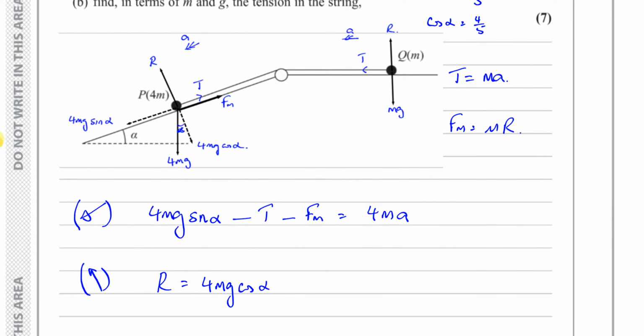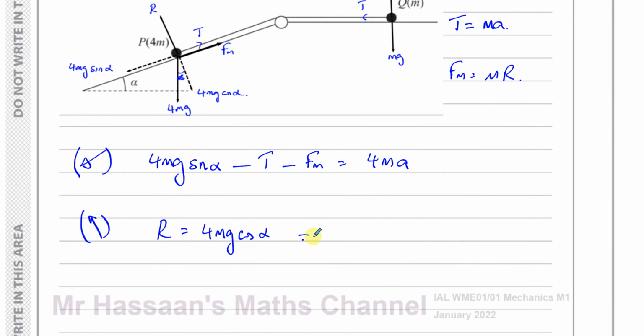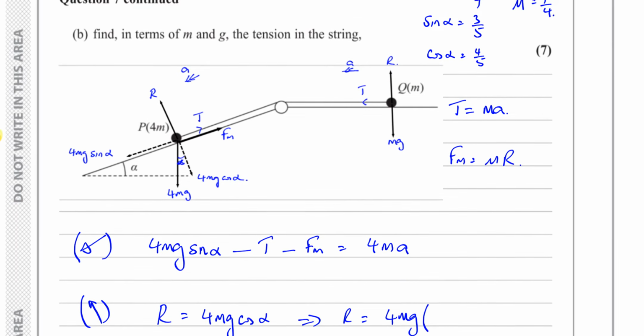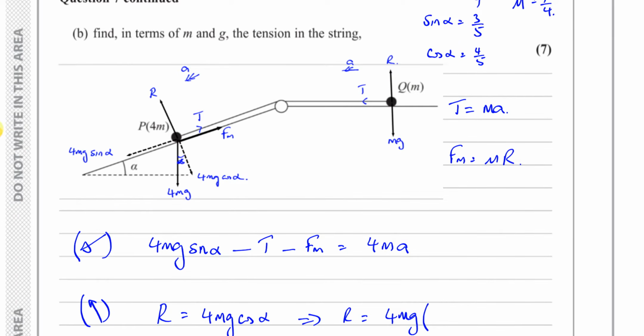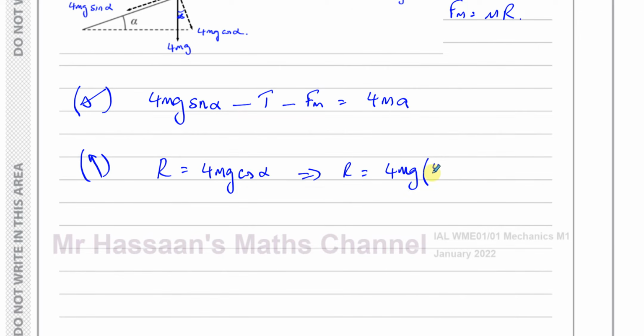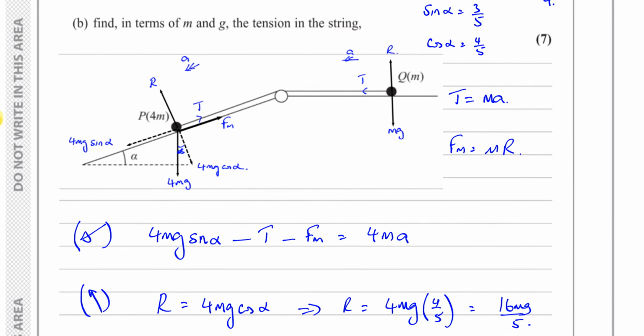So R is equal to 4 times mg times the cosine of alpha, which, as we stated before, is 4/5. That gives us 16mg over 5. Therefore F max is equal to mu times R, and we were told mu is 1/4.